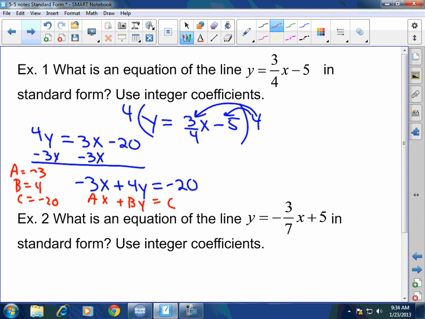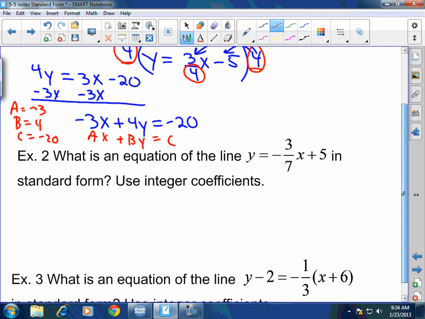Yes, sir. Because if I wanted to get rid of this 4, son, I must multiply 4 to both sides. Because whatever I do to one side of the equation, if you remember, I must do to the other side of the equation to keep them even. So if I multiply 4 to this side, my brother, I must multiply 4 to that side, sir. Thank you for your honesty, son.